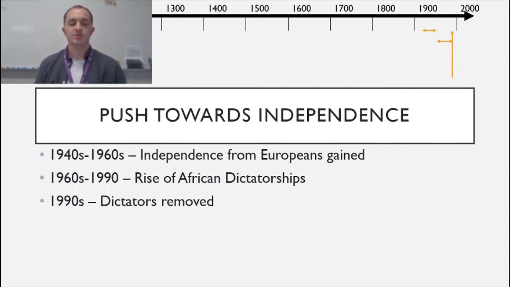Some of the dictatorships that got removed left a space that became stable and very good for the areas, and other places not so much, because they were still rocked by these dictatorships for so long that a lot of them weren't necessarily ready or as well equipped for a solid, more democratic form of government, and so they sometimes struggled with that for a little bit before they completely got on their feet.